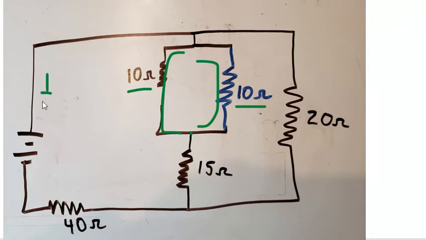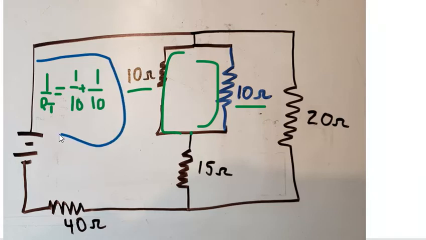1 over the total resistance equals 1 over 10 plus 1 over 10. So on my calculator, it would be 10 to the negative 1 plus 10 to the negative 1, which is going to give me 0.2.